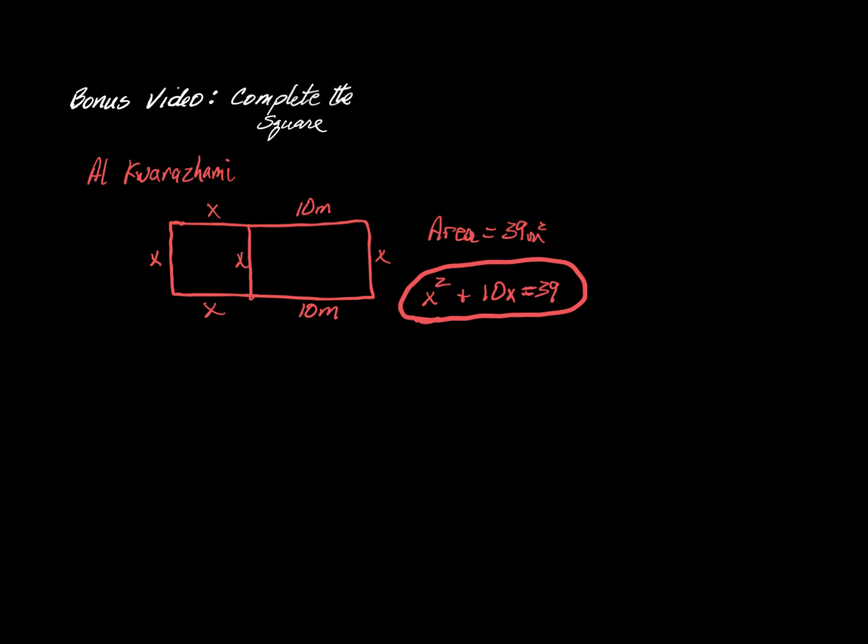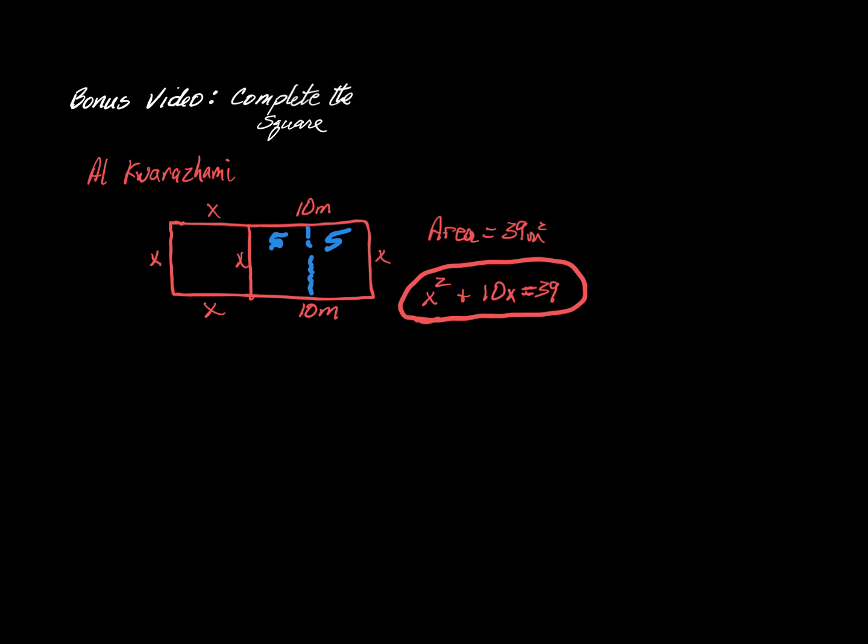So what they did is they tried to get clever and use a bit of geometry to help them. And what they did is this. He divided his rectangle room in two so that he had two 5 by x rooms.